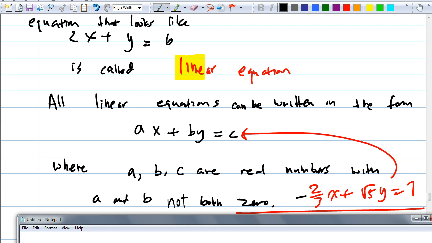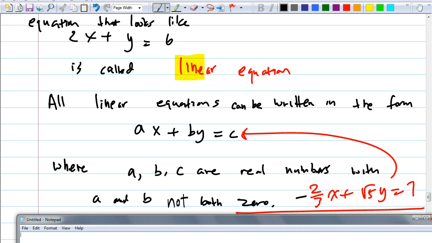Within linear equations, there are special ones. If A, B, C happen to be integers, you guys remember what integers are? It's like whole numbers, but with all the negatives. So 0, 1, 2, 3, 4, but then you include -1, -2, -3, right? If A, B, C happen to be integers, this has a special name. It's called something form.